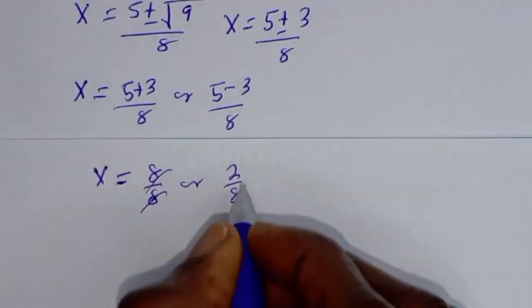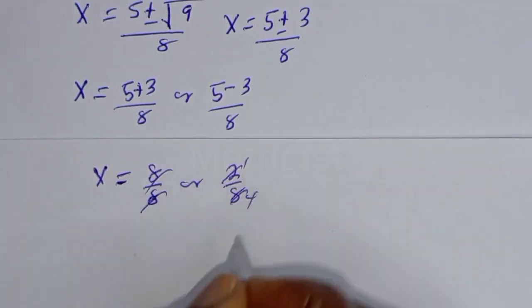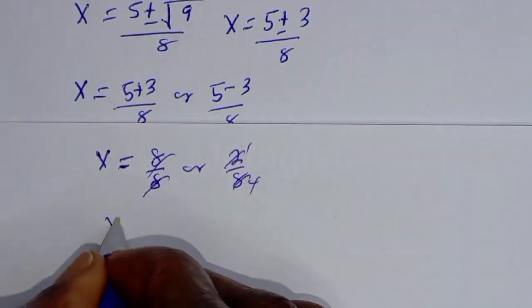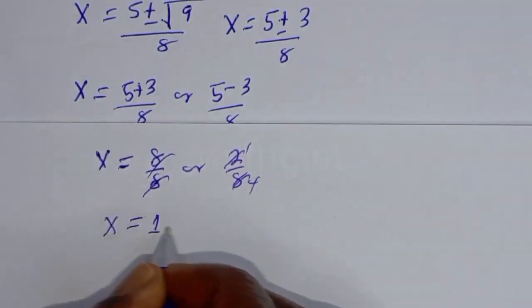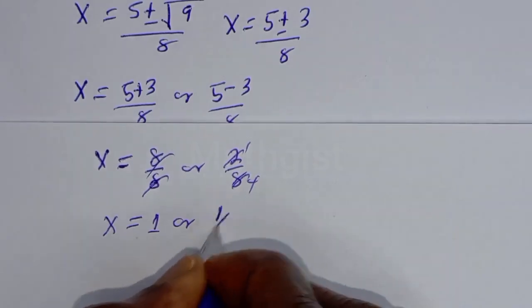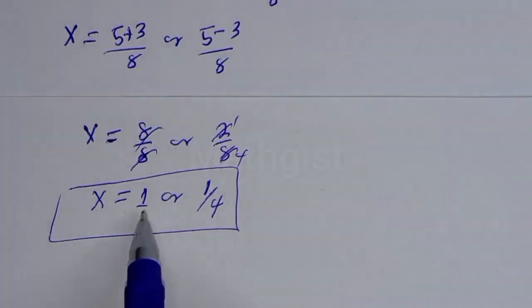This will cancel this: 8 over 8 is 1, 2 over 8 is 1 over 4. s is equal to 1 or 1 over 4. This is the final answer.